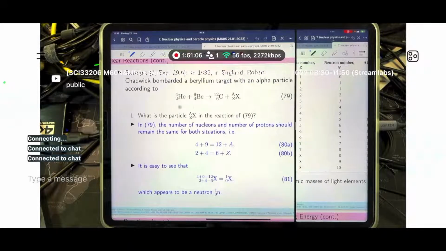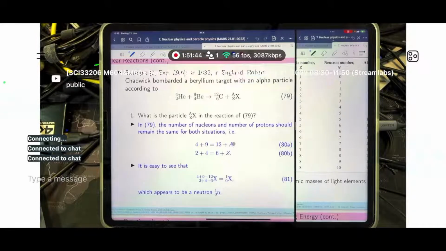To balance this process, let's consider the number of nucleons, the numbers in the upper part of those four particles. On the left hand side, the input side, 4 plus 9, which becomes 13, right? And on the right hand side, it's 12 plus A, where A is the number of nucleons for the X particle.